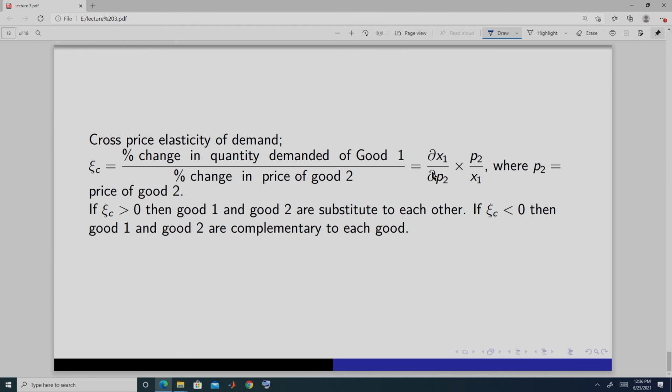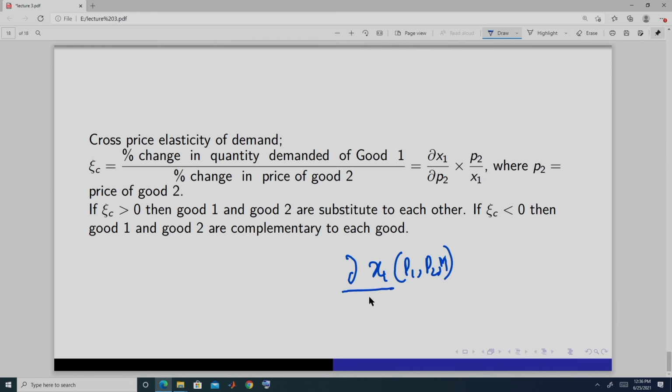So we will have the demand curve. The demand curve is a function of P1, P2, and it should be a function of M also.